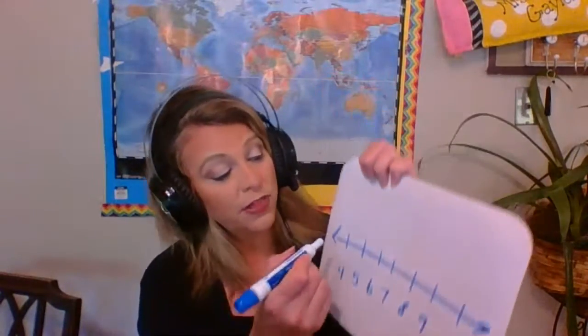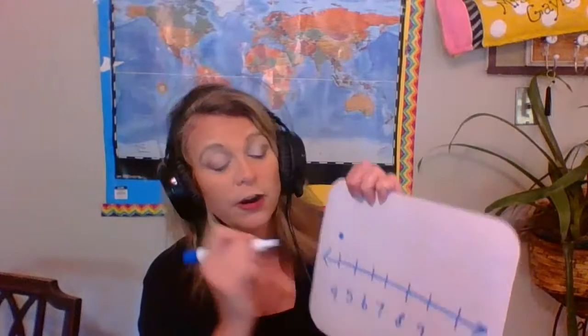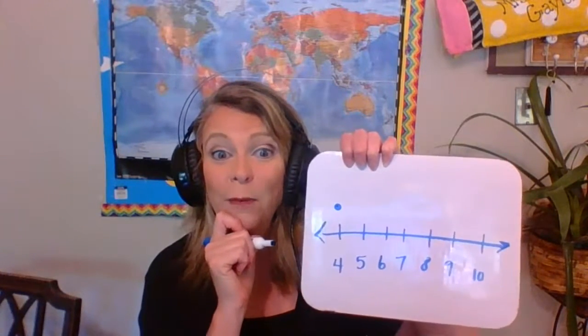And then another thing that we learned is we learned using a number line. Okay, when we have an open number line, I'm going to start with the number 4 here. So I'm going to start with the number that I have, 4, and I'm going to jump up how many to get 10?